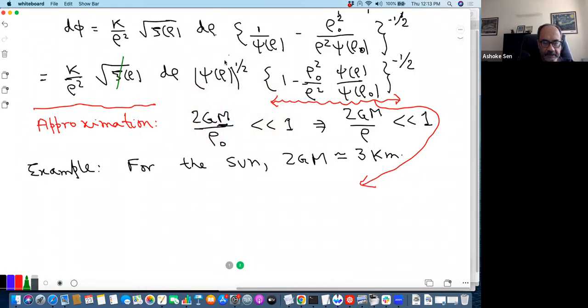So that's some simplification. Now this term I can write as 1 minus rho 0 square over rho square times psi. Psi, if you recall, is 1 minus 2 GM over rho. So I can write this as 1 minus 2 GM over rho plus 2 GM over rho 0.